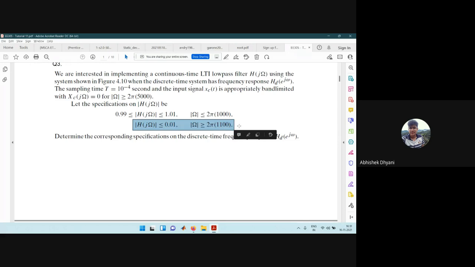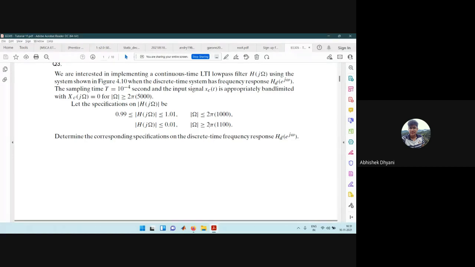It says that after this frequency, nothing can be passed. So this range is the pass band, and this one is the stop band of the low pass filter, right? So first of all, 2π times 1000 and 2π times 1100.